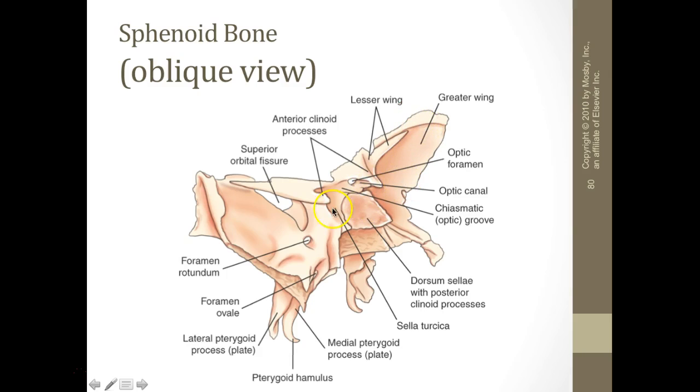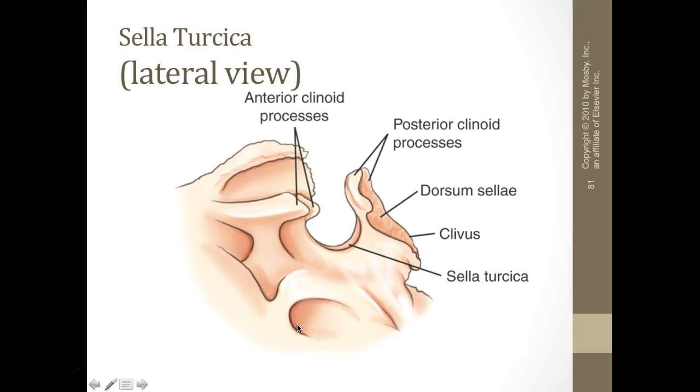So here's a wing, here's a wing. So you can see the foramen rotundum here. You can't see it on the other side. You can see the ovale, and since it's at an angle, you can't really see it. But the important thing to see here is your pterygoid hamulus and your lateral pterygoid plate. So those are the big things you can see when it's obliqued a little bit.